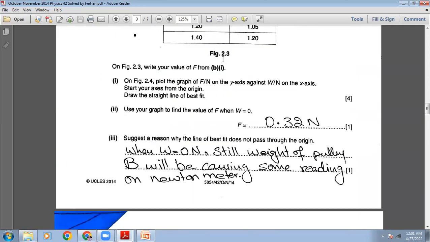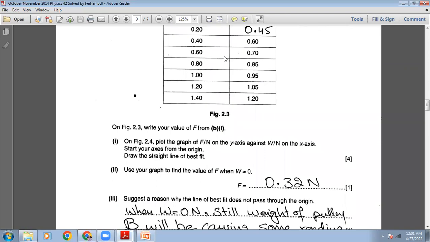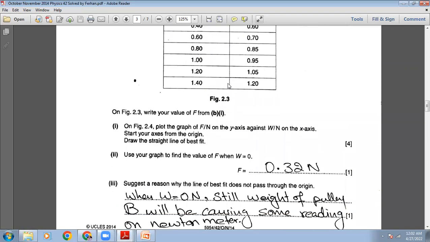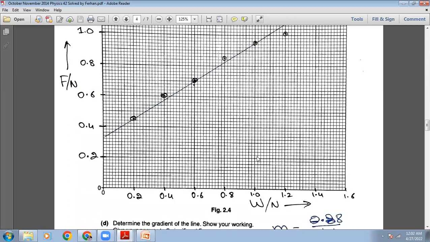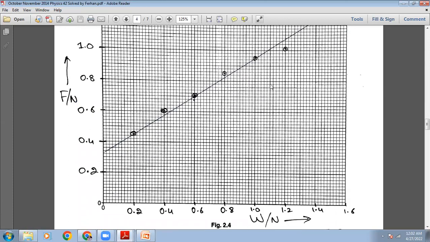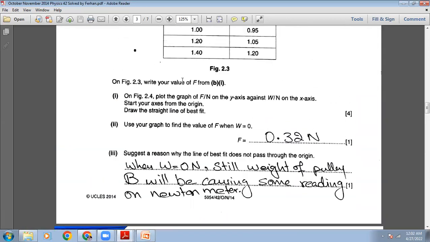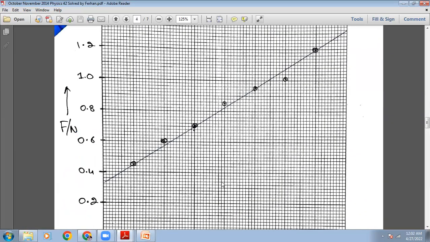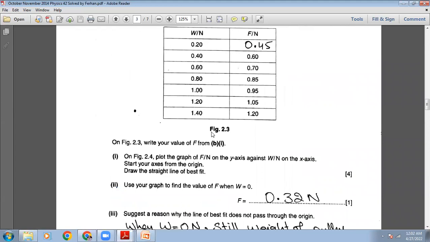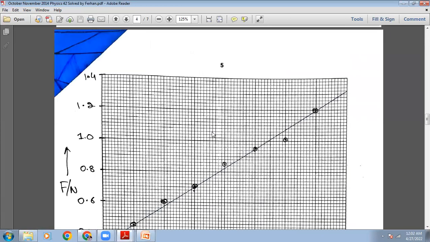And then at 1.2, 1.05, 1.05 means 1.1 approximately. And at 1.4 it is 1.2.